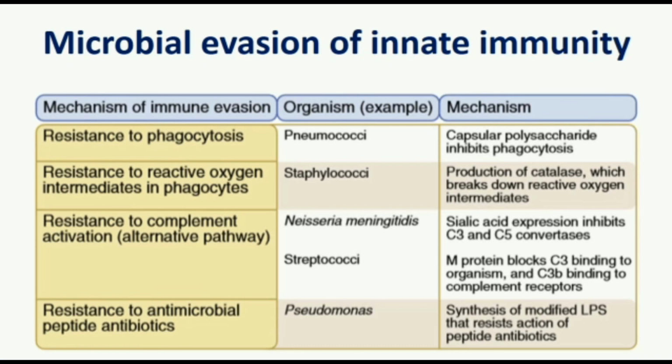Finally, some organisms like Pseudomonas synthesize modified lipopolysaccharides, which resist the action of antimicrobial peptides. Likewise, using these kinds of mechanisms, pathogens can hide from our defense system and evade our innate immunity.